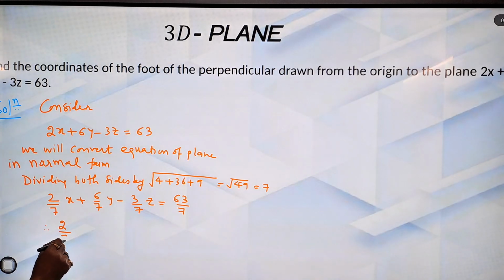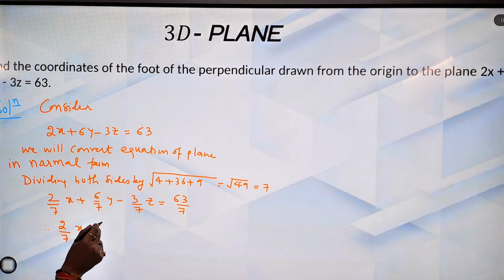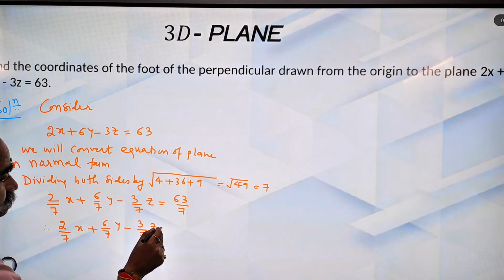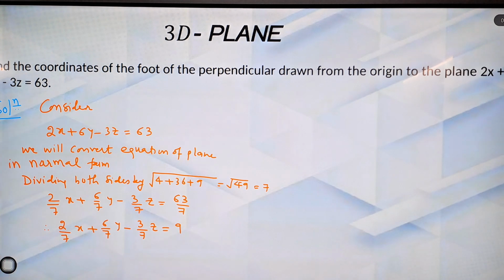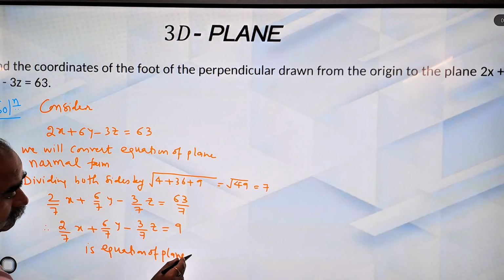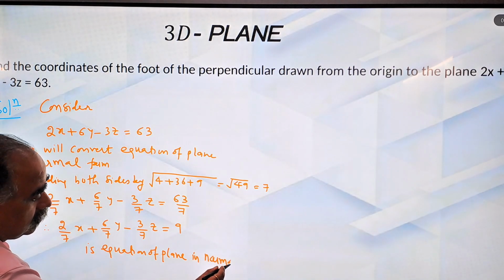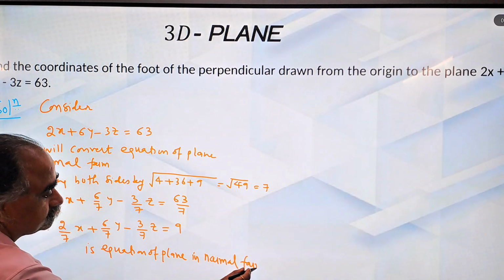Therefore 2 by 7 x plus 6 by 7 y minus 3 by 7 z is equal to 9 is equation of plane in normal form.